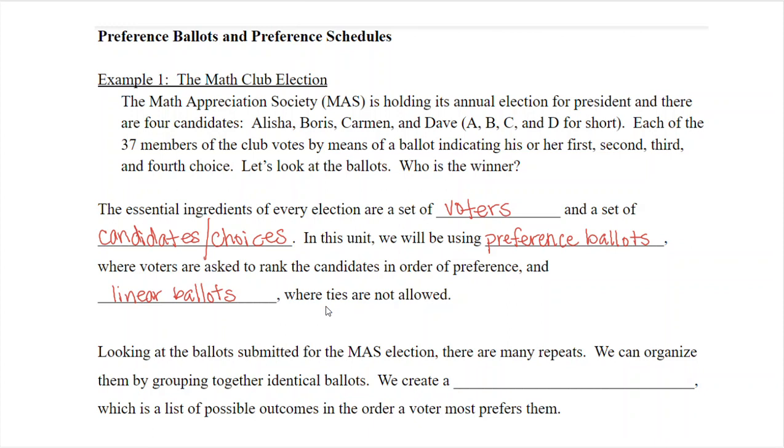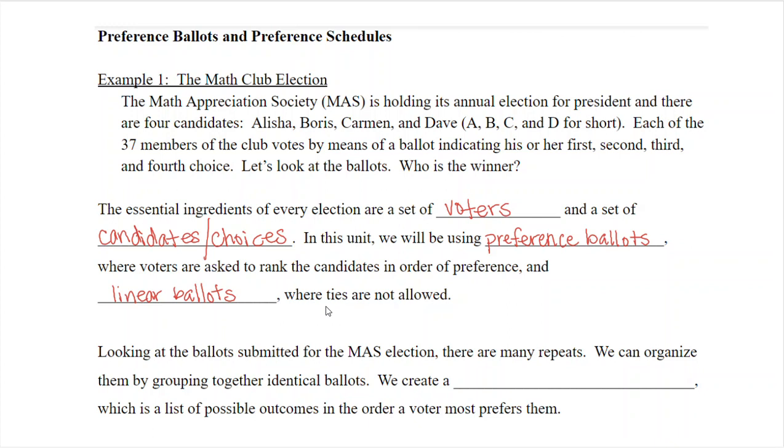So, looking at the ballots submitted for the Math Appreciation Society election, there are many repeats. If we have 4 candidates, there are 4 factorial different possible preference schedules, which is 24. There are 37 members, only 24 possible rankings, so we are going to have some people who agree on the rankings.